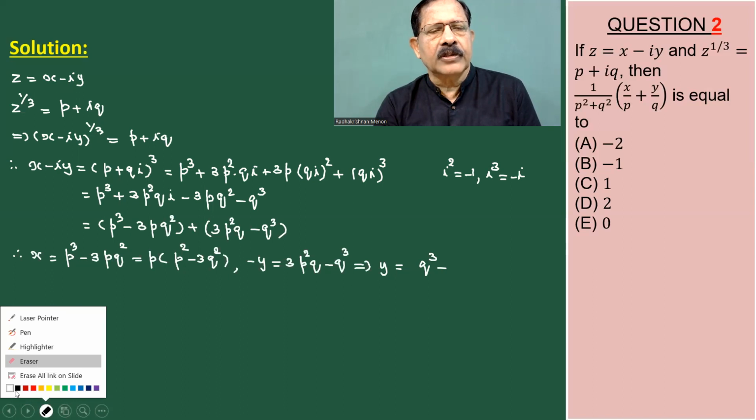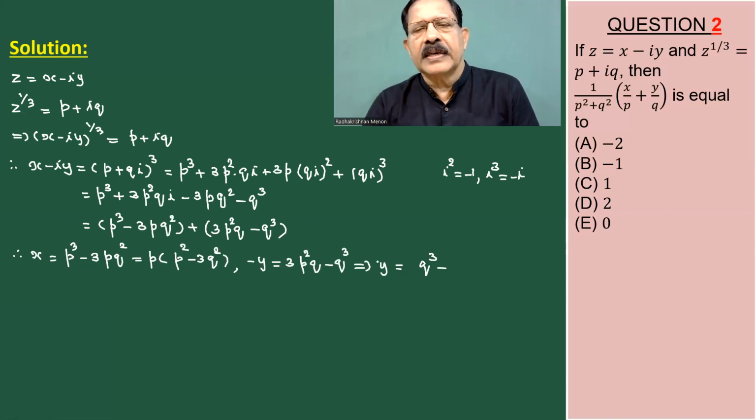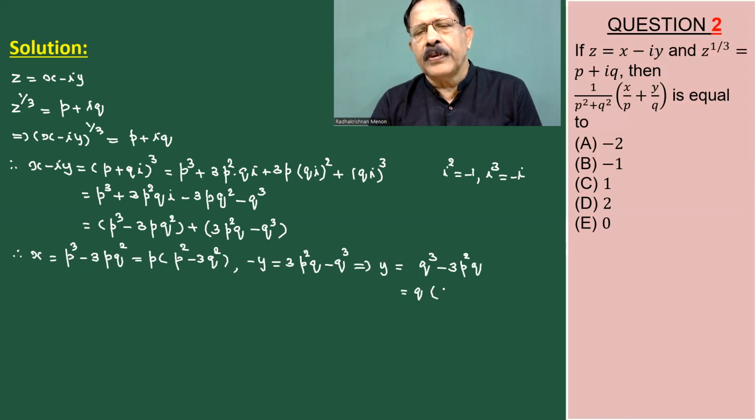So I am multiplying both sides by minus 1. So we are getting q cubed minus 3p squared q. So here I can take q as a common factor. q into (q squared minus 3p squared).